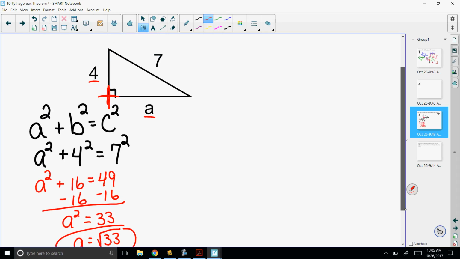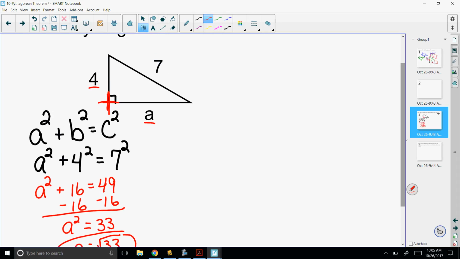It's going to be greater than 5 because the square root of 33 is in between. If I look at where the square root of 33 is, that's between the square root of 36, which is 6, and the square root of 25, which is 5. So 33 is between 5 and 6, closer to which value? 6. It's closer to 6 because 33 is closer to 36 than to 25.